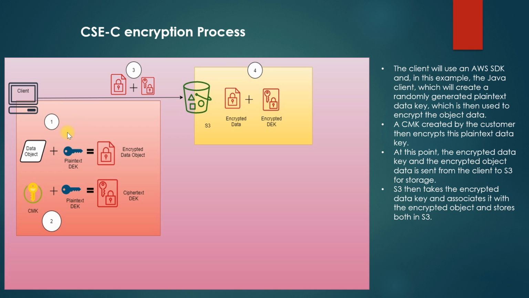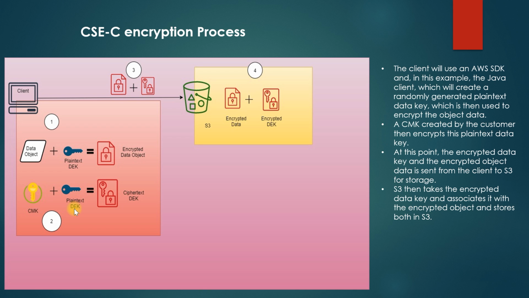This SDK, or whatever the client is, will generate a random plain text data encryption key, and with this plain text data encryption key, it will encrypt your data object, and therefore we get the encrypted version of the data object.